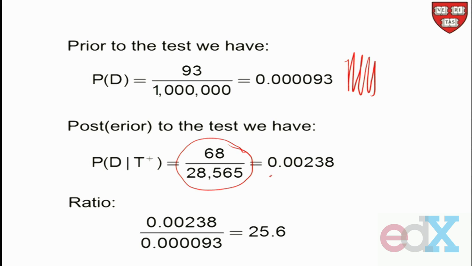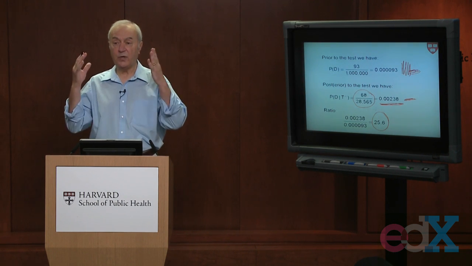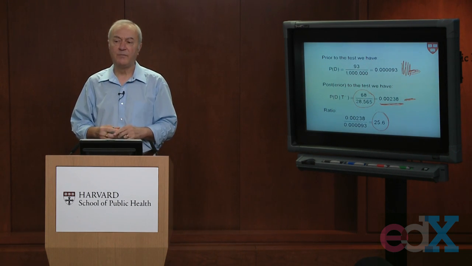So the probability now, amongst those who test positive, we've gone from 93 per million, or 0.000093, to 0.00238. So if we look at the ratios, it's 25.6. So it's almost a 26-fold zooming, if you will. We're going to zoom in 26-fold because of the test. That is the better way of looking at what the value of such a test is.